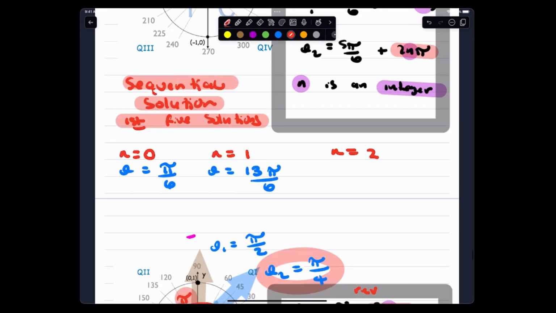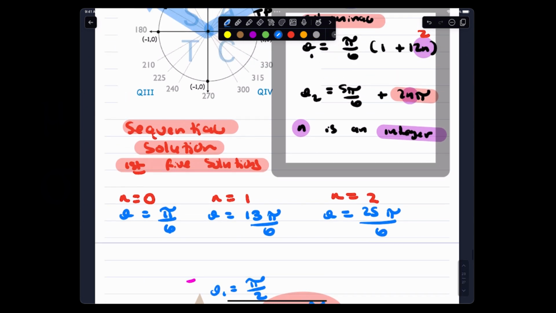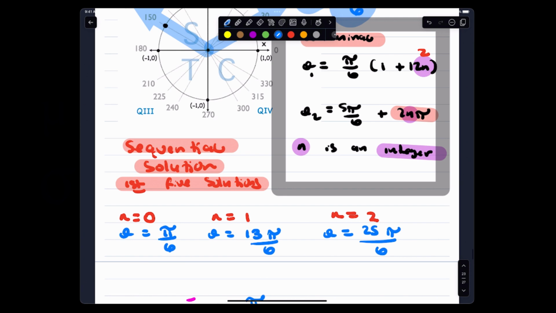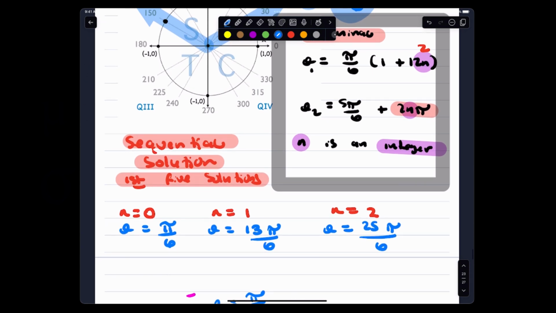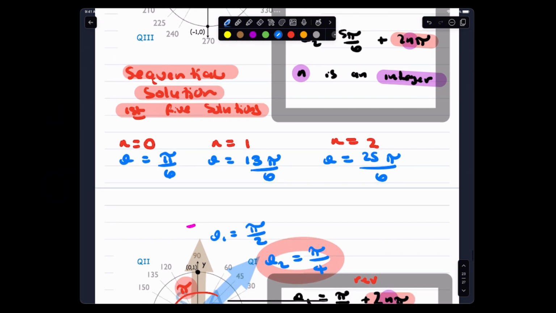So the next solution will be 25 pi over 6. There's the next solution. 25 pi over 6. Okay, now those are two solutions.